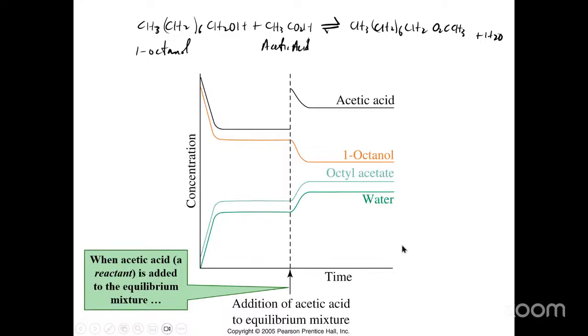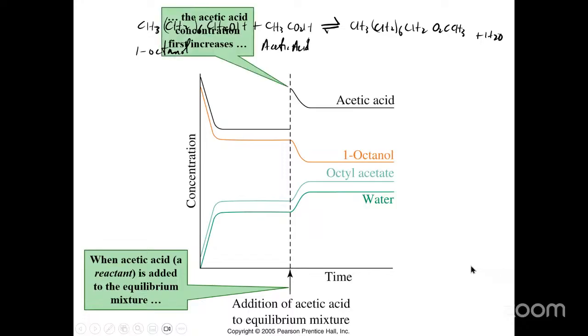So basically, Le Chatelier's principle will predict that this will happen because if you add a reactant, in this case acetic acid, then the system will try to decrease the concentration of the acetic acid. So it's going to use up some of the acetic acid that was added, and therefore, eventually, you're going to end up with a new equilibrium position for the system, all right?